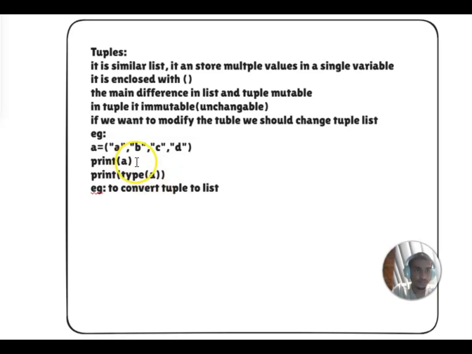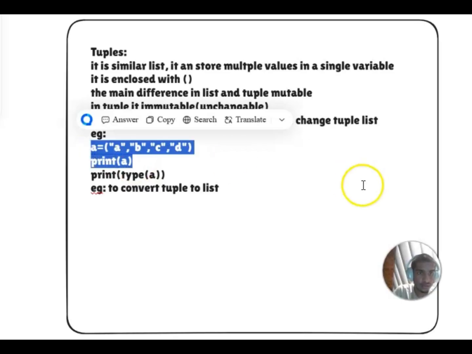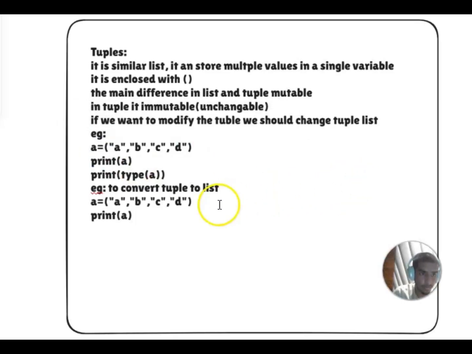Let's take the same thing right here, and now let's take another variable b so that we can convert the tuple to list of a, and try to print this and print the type also.